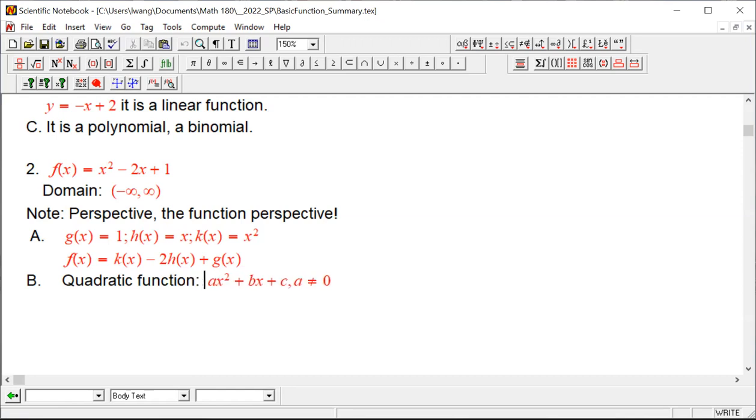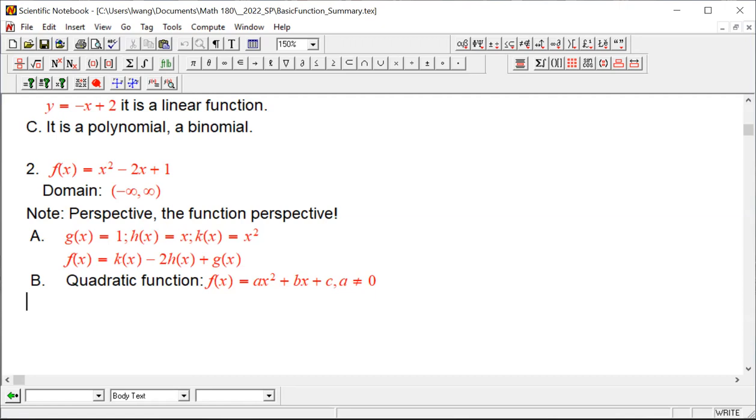All the things you've seen before, they all have some kind of function perspective. I wish you know that. Okay, streamlined. So that's a domain.